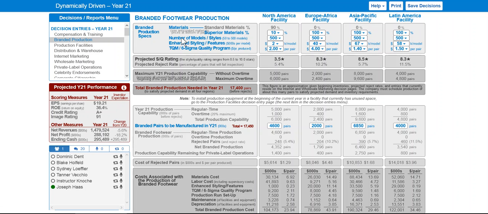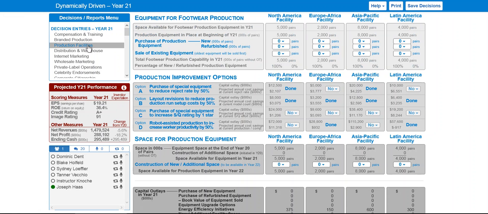One of the things that we did over time in our factories, see here, these screens right here, these options right here are for selling existing equipment and purchasing. You can purchase new equipment or refurbished equipment.